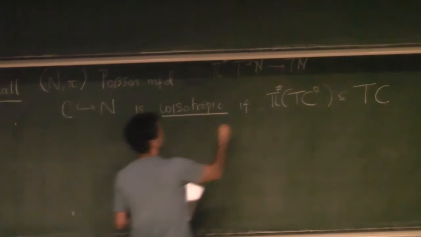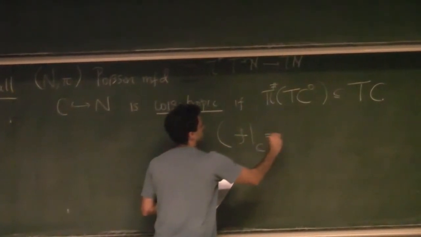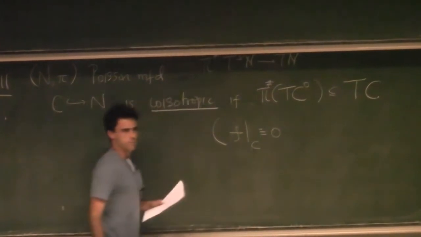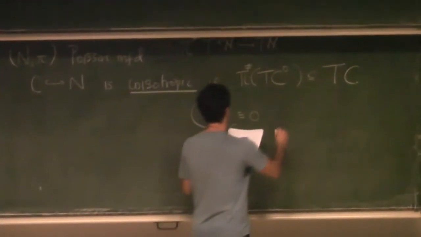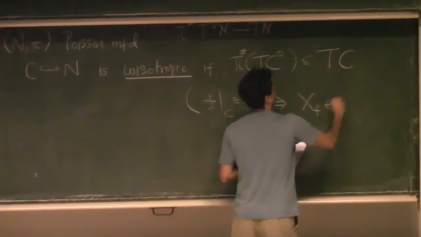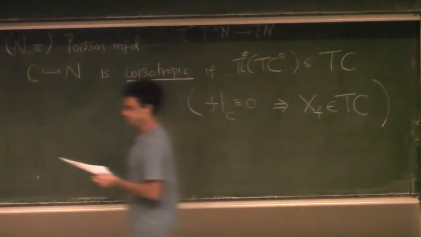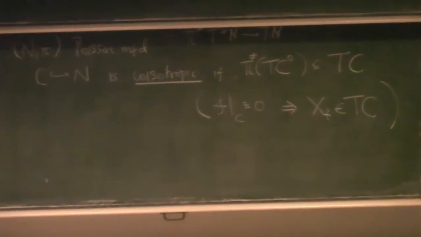Or another way to say it is that equivalently, if you have any function that is 0 along the submanifold, and you look at its Hamiltonian vector field, the Hamiltonian vector field is tangent to the submanifold, so it's equivalent to that.